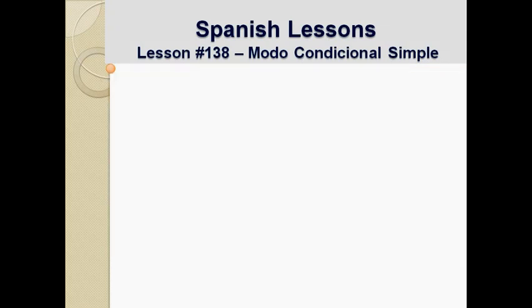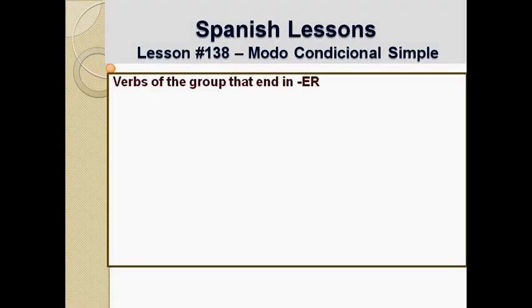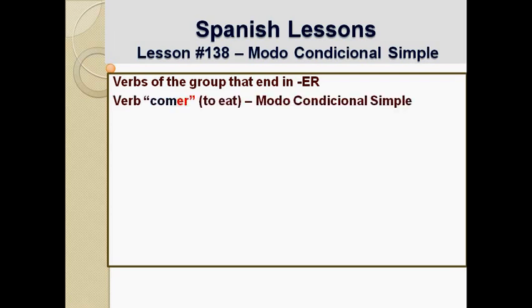So let's continue with our second group of verbs, the second classification of Spanish verbs, that is the verbs that end in er. We'll take as an example the verb comer, or the verb to eat.